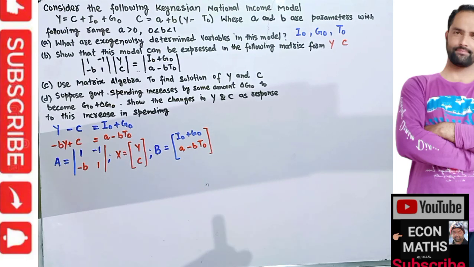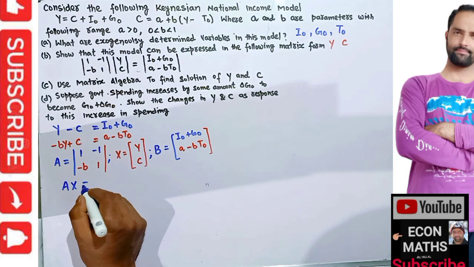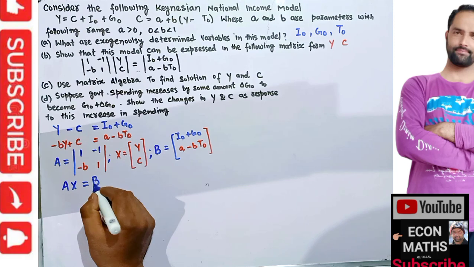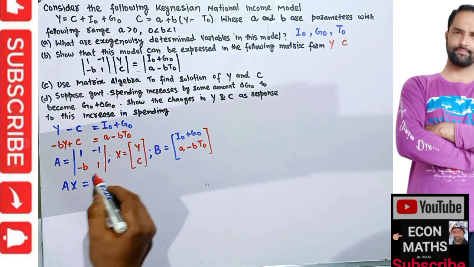When we write it in algebraic form, we write it this way: A x is equal to B. When I rewrite these equations in matrix form, this is the procedure.